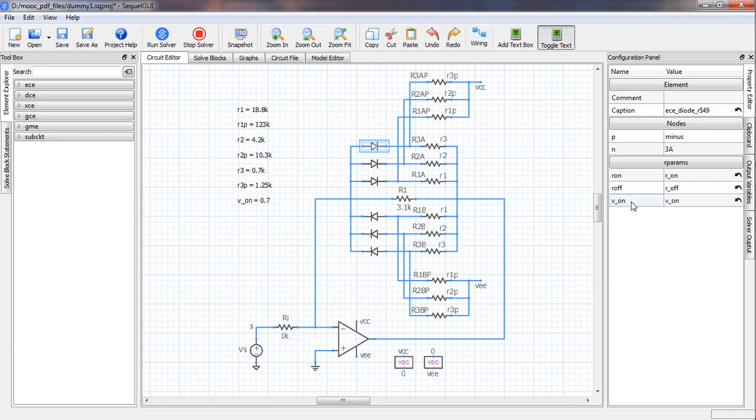And therefore it makes sense to have one global parameter called V on. So suppose we want to change it from 0.7 to 0.6, then we need to only make one change over here. So that is very convenient. So let us remember this feature, and let us now start constructing this circuit schematic.